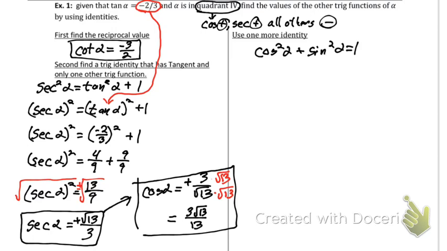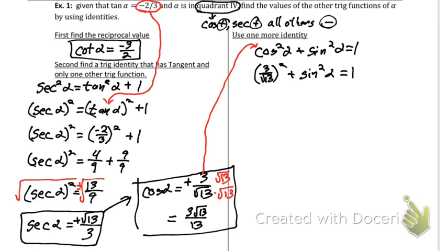Because remember, we do have to square this. So it'd be hard to square this one. So I'm going to take this simpler fraction and plug it in for my cosine. It's just a little easier to square. All right, so we're going to have 3 over square root of 13 squared plus sine squared alpha equals 1.